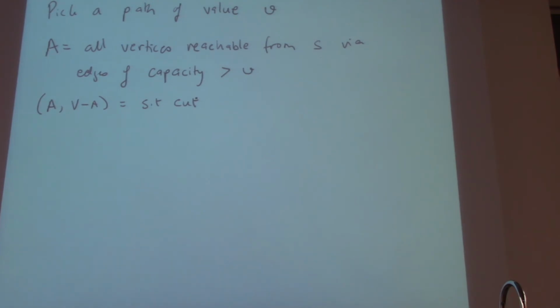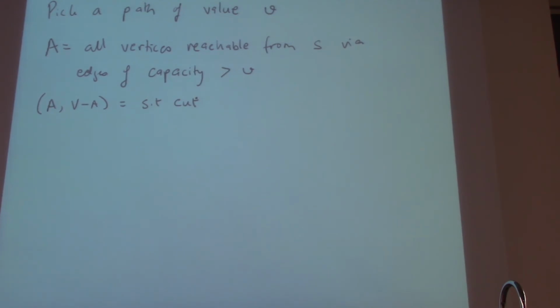Remember my assumption. I picked the path along which I had maximum flow. That was the point of picking this path, right? It maximized the amount of flow I could push through. So why is this statement now true? Anyone?